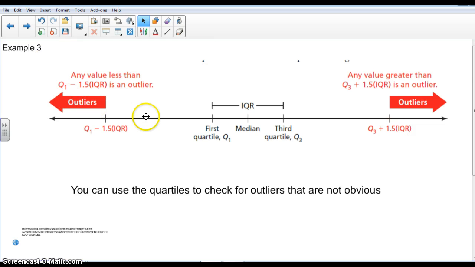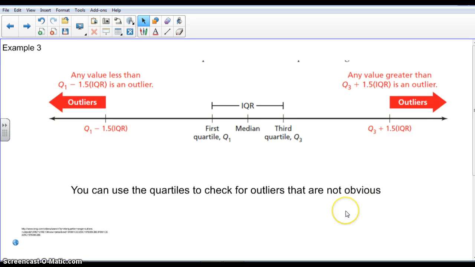When you do these calculations, sometimes it will bring you, as it did in the example, way out here in the negatives, and in your line of data there is nothing past that. Sometimes, when you figure this out, it can be either side, the number will calculate within the data, and then anything outside those two numbers you've just calculated are your outliers.